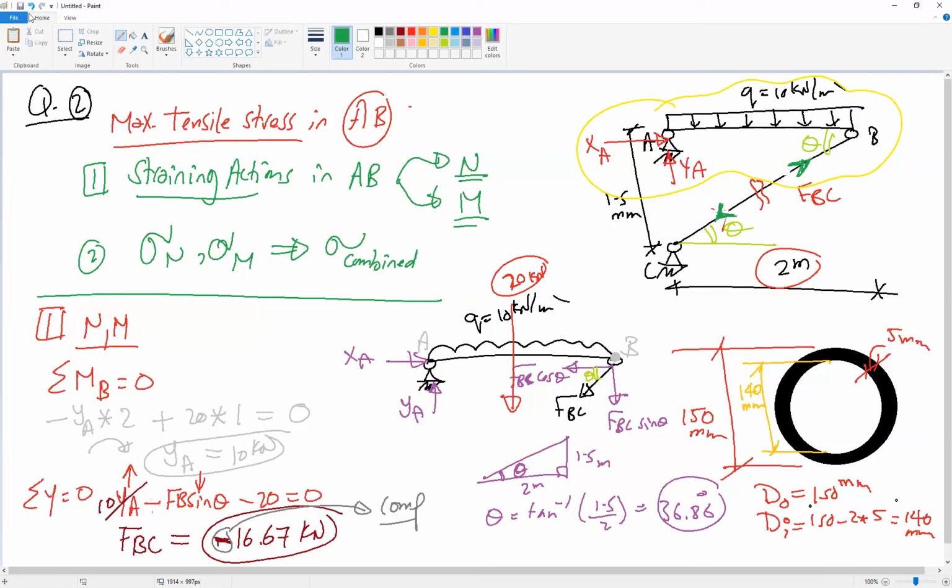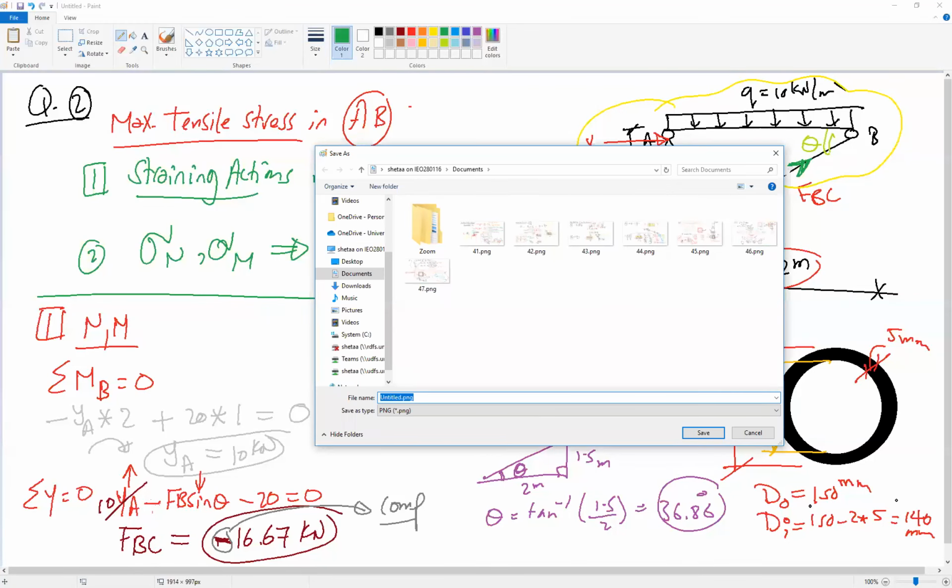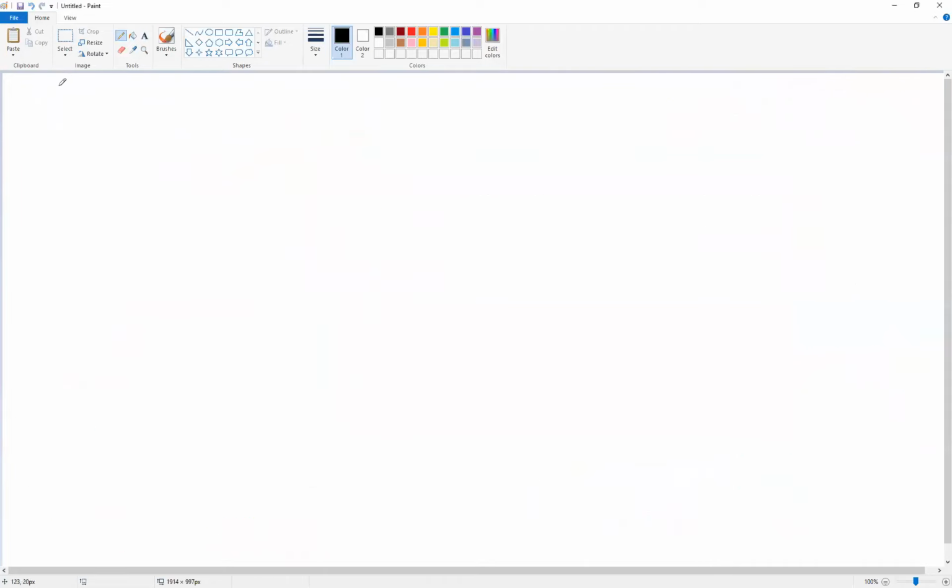So the last step is to find XA. If we apply the equation summation Fx equal to 0, again here, this is XA, Q equal to 10.